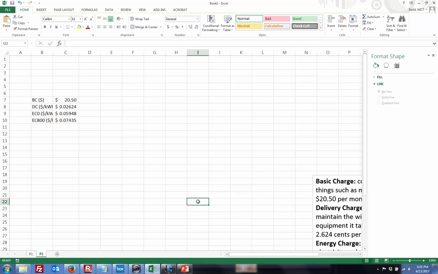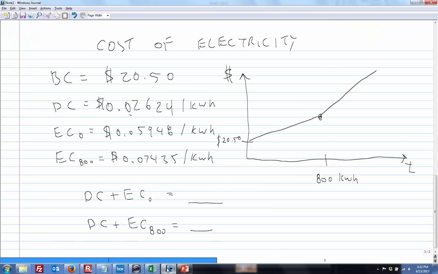So let's write our function. So the cost is going to equal the basic charge plus the, what's DC stand for?